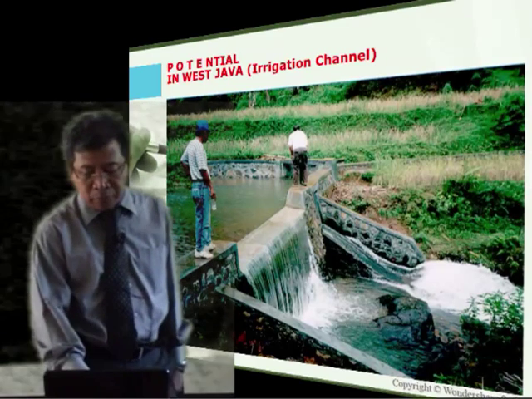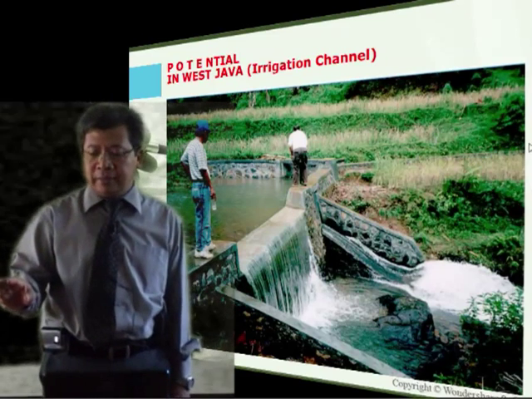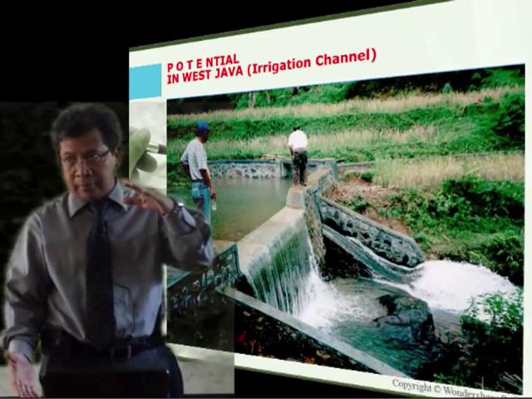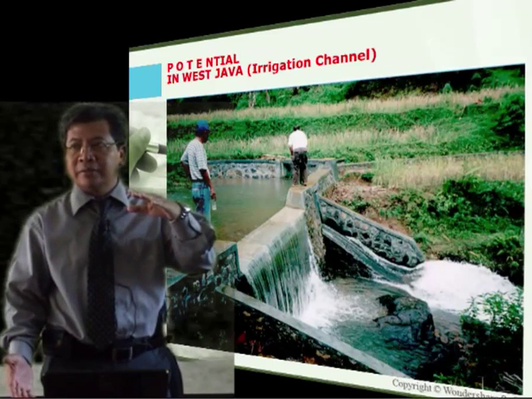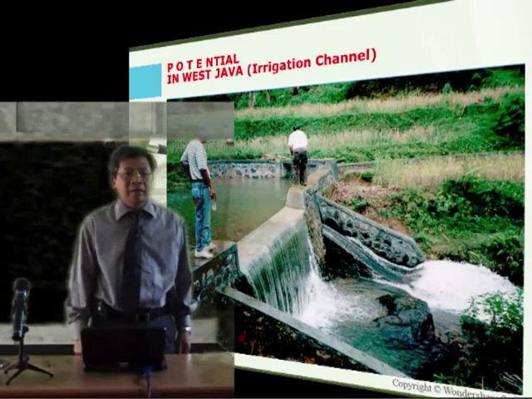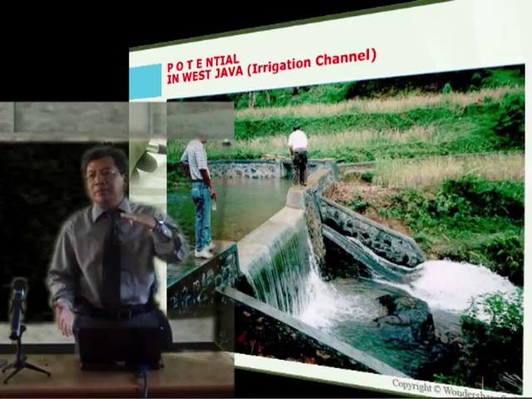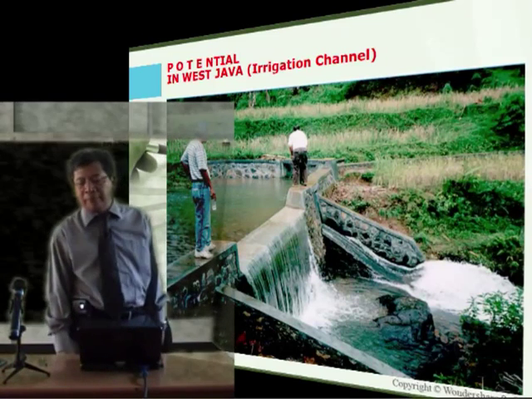Of course, you have to go here and there and find some place that has enough head, for example 100 meters or 50 meters. Even if you have only 0.5 cubic meter per second, but you have a 100 meter head difference, you can produce enough electricity from that.